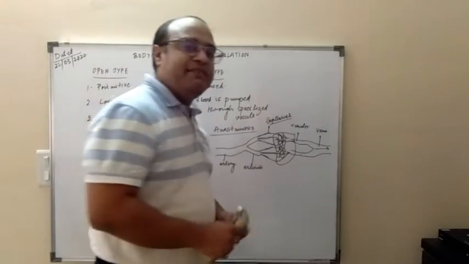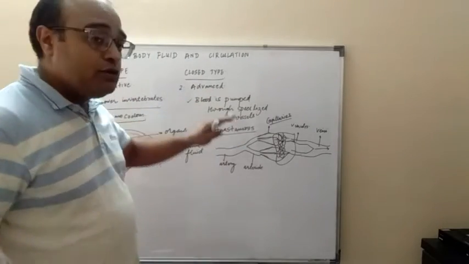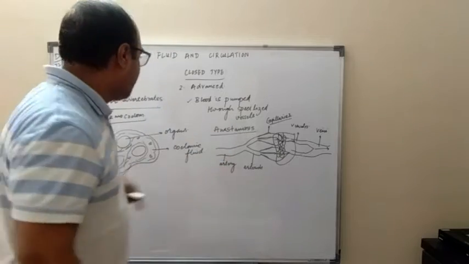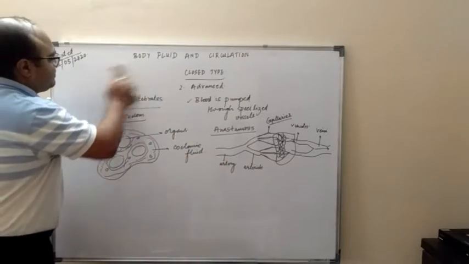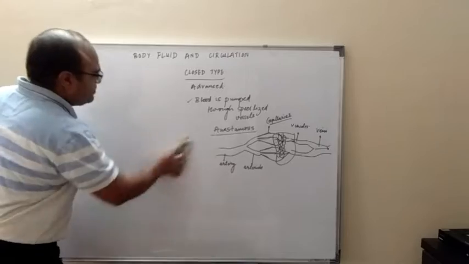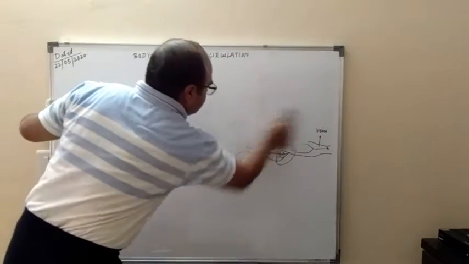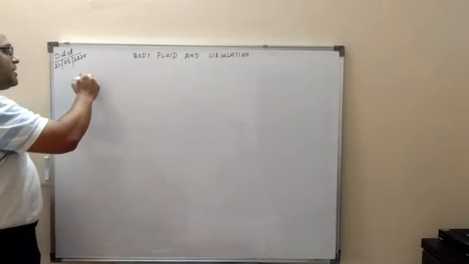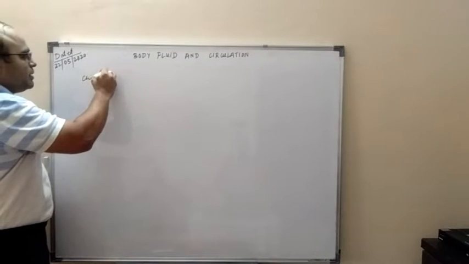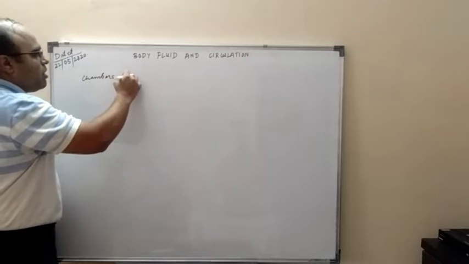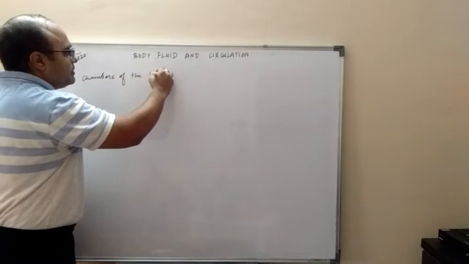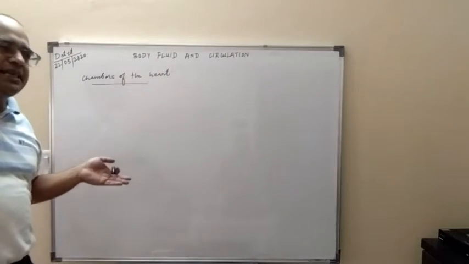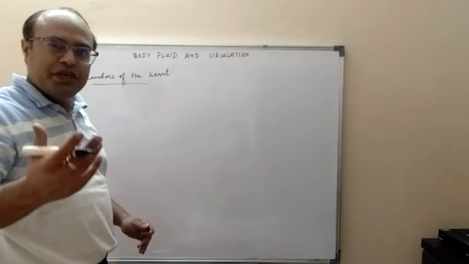Then the second trend which I am going to explain to you about the evolutionary trend, as I was telling you previously, is the chambers of the heart. Now what do you mean by the chambers of the heart, and how is it concerned with the evolution?